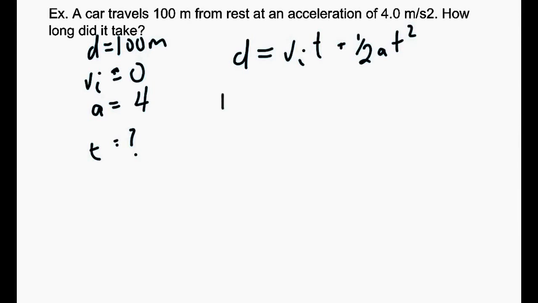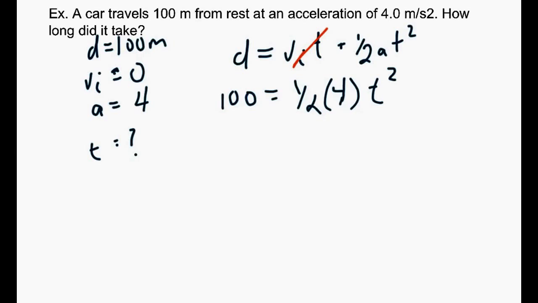Plug in all of our numbers. We'd have 100 equals, our VI is 0, so we have 0 times time, which is 0, so we can basically just ignore that part of the equation. So we just have 100 equals 1/2 times 4 times t squared.